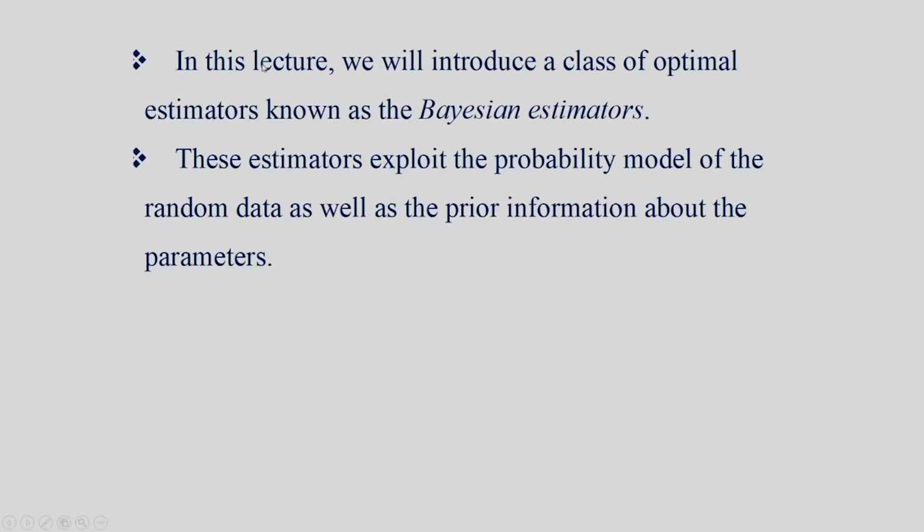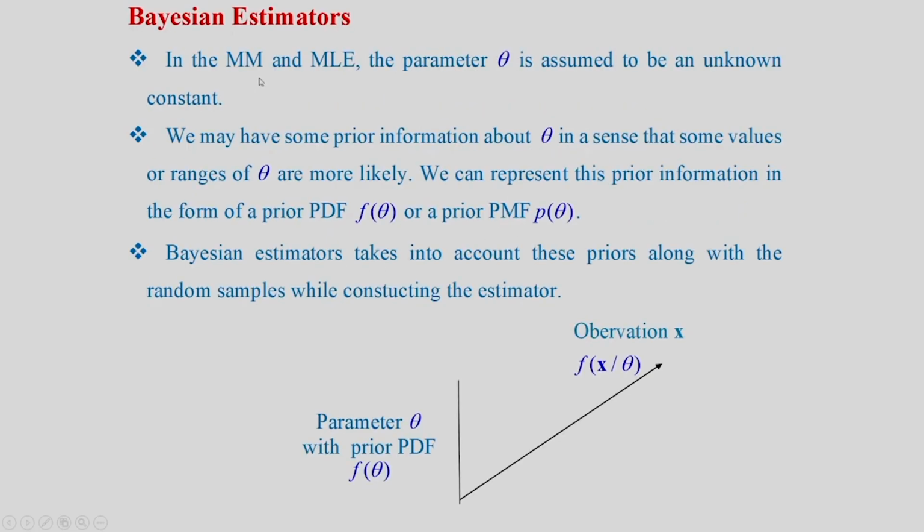In this lecture, we will introduce a class of optimal estimators known as the Bayesian estimators. These estimators exploit the probability model of the random data as well as the prior information about the parameters. In the MM and MLE, the parameter theta is assumed to be an unknown constant.